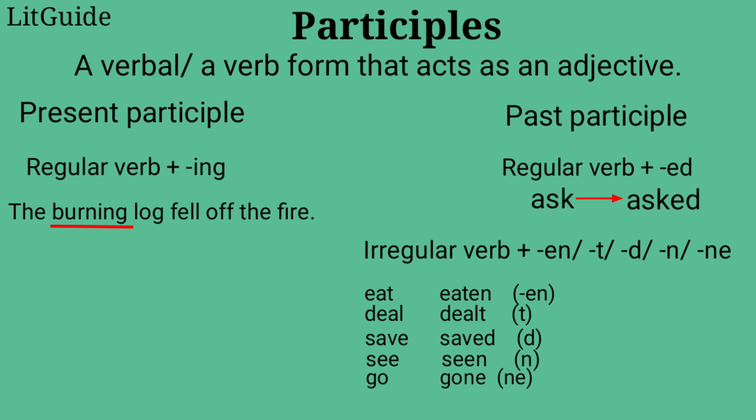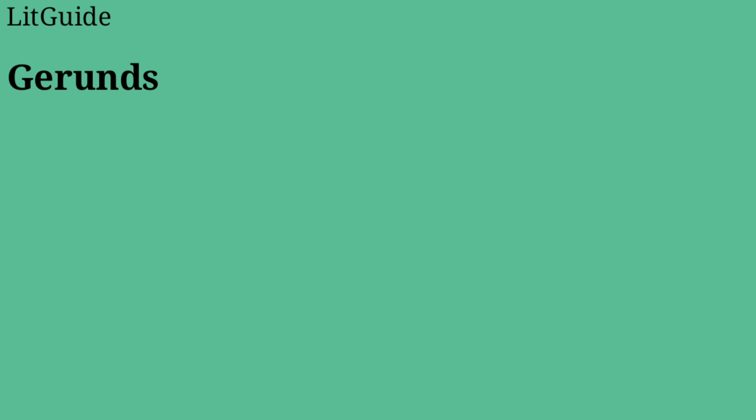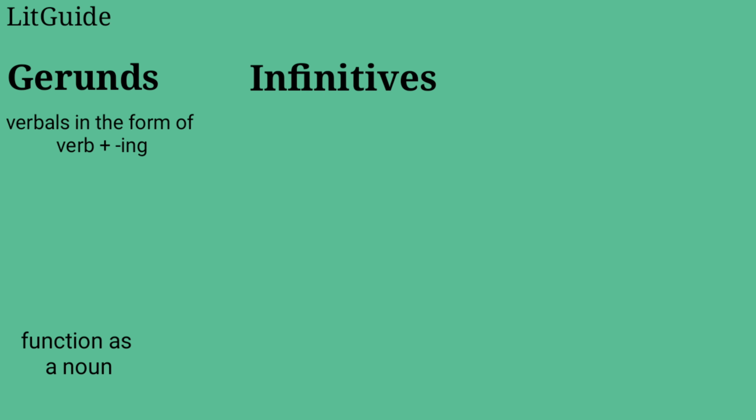So, the form of participles is verb plus ing in the case of present participles and verb plus ed or en or t or d or n or ne in the case of past participle. So, to sum up, a gerund is a verbal in the form of verb plus ing. It functions as a noun.